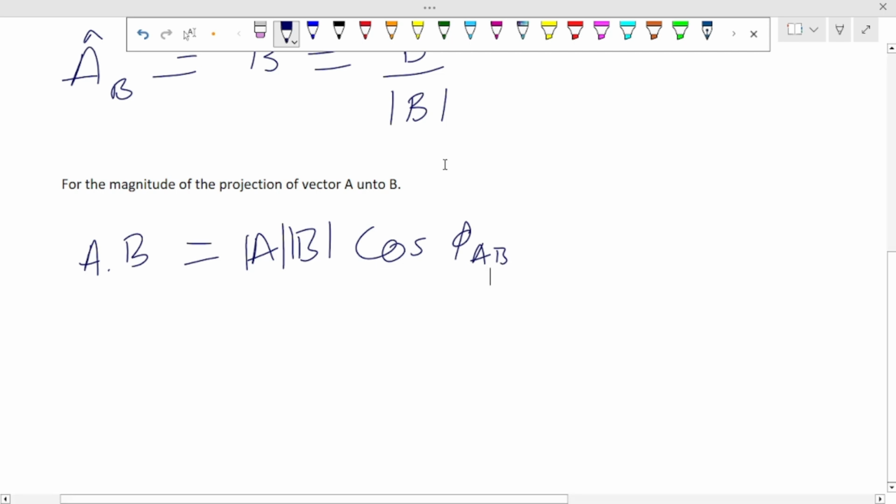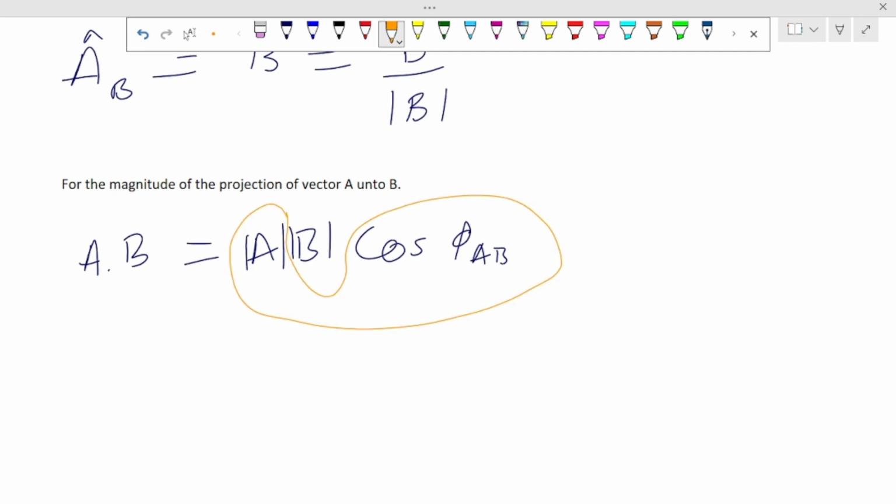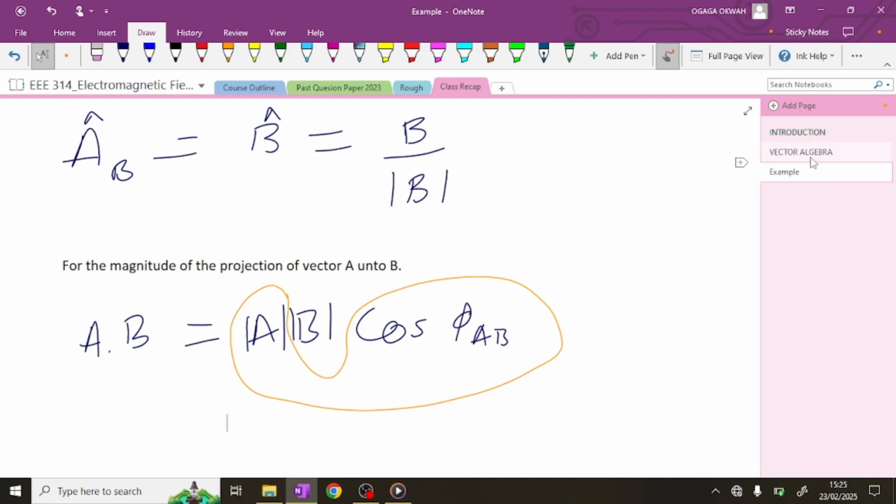This is a formula from a previous video. So what we can do now is take this point. This part here is the projection of A onto B. Look at this from the previous video.